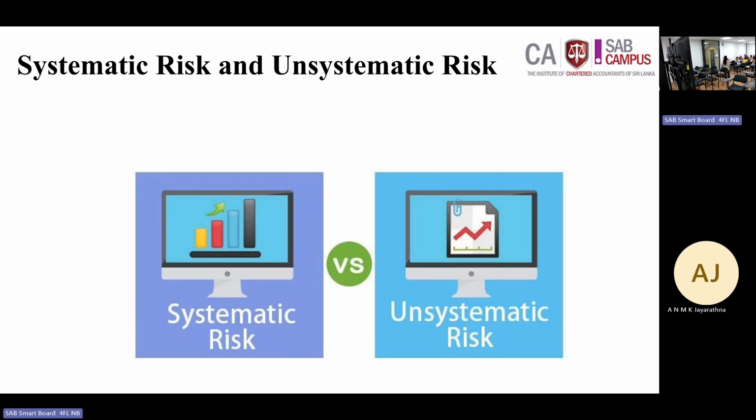Changes of inflation, world price changes, industry factors, unemployment, GDP, interest rates especially, and world economic conditions. Because of these conditions, share prices change. We have a lot of risk coming from the macroeconomic side.